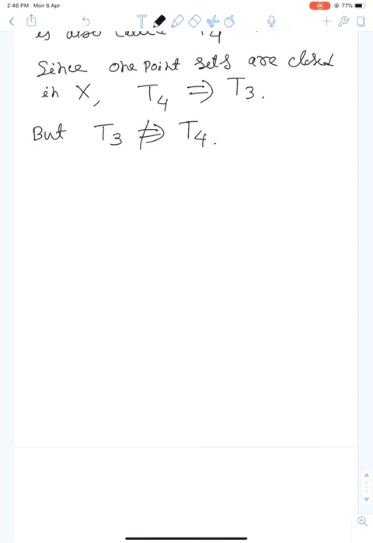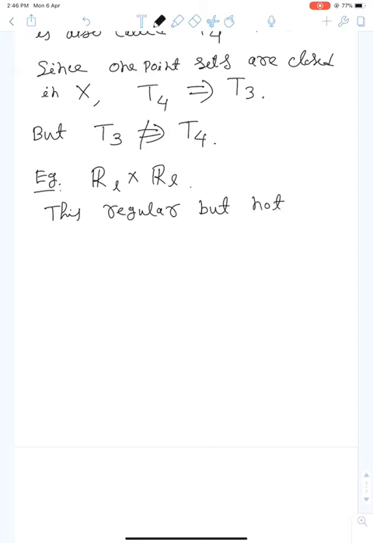That means the example is RL cross RL. Now this is regular but not normal.